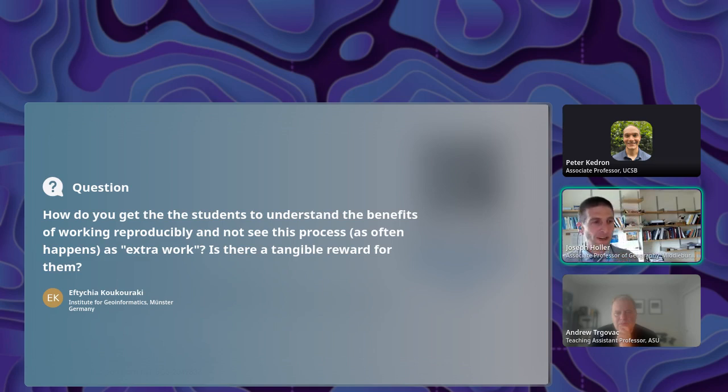The rewards are more on the back. It's a delayed reward, but the reward is there. That's one of the main points that I would say.